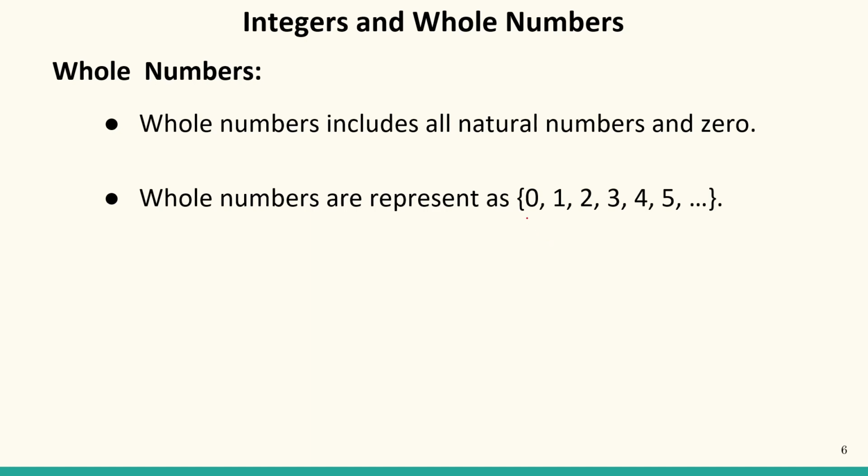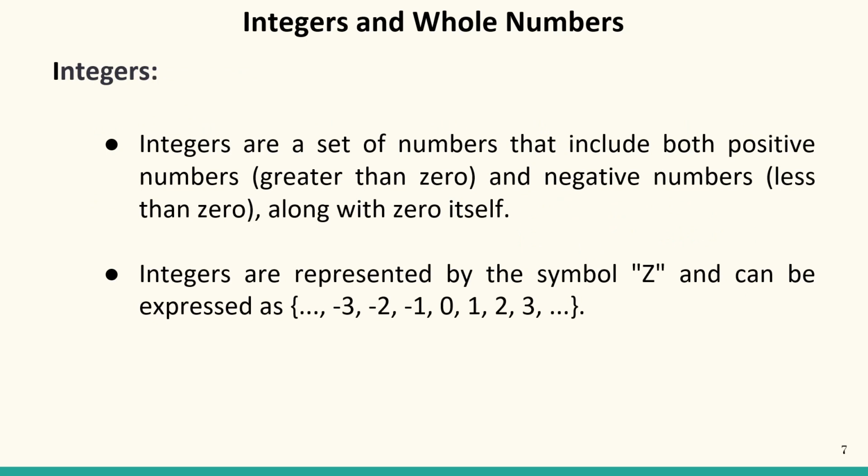Here you can see that 0 is included, and these are the natural numbers. And here is 0. This is the whole number set. A whole number set is an extension of the natural numbers. What kind of extension? Only the number 0 added to it.